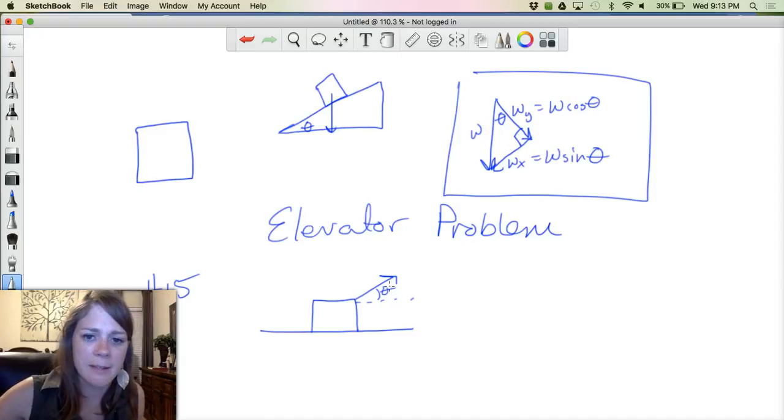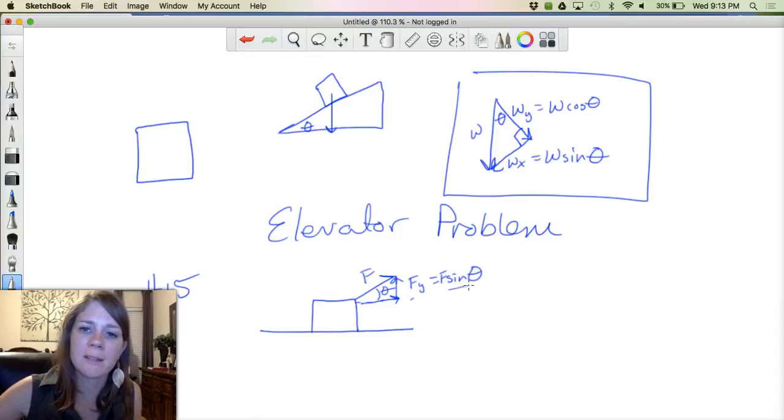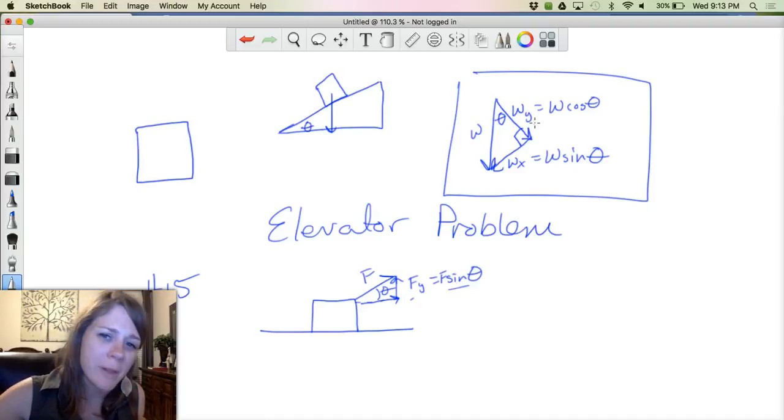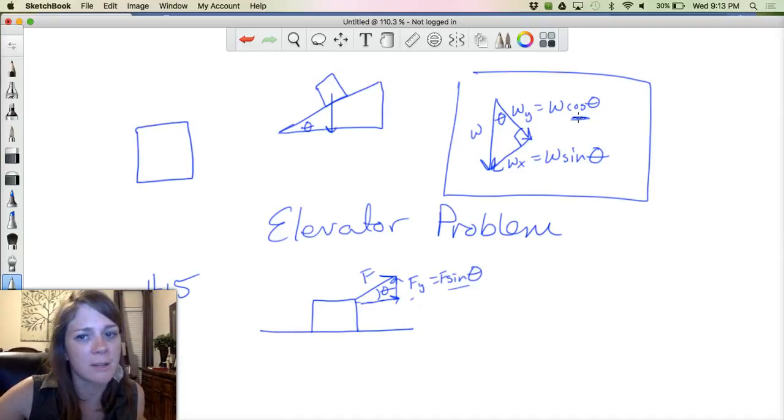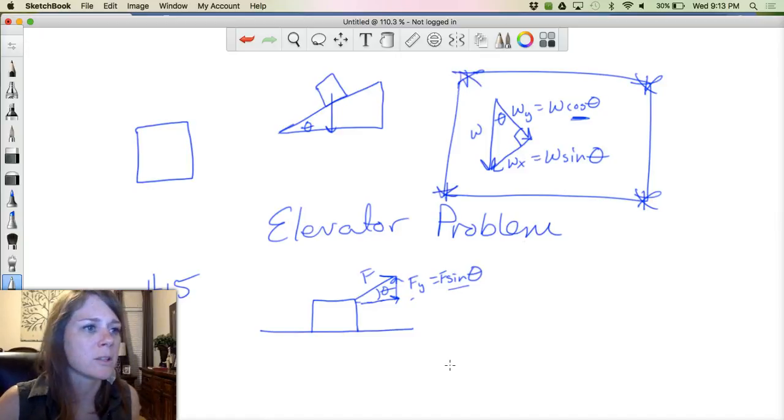And in this case, if this was F, then the y component of F would be equal to F sine theta. So in this case, the y component is sine, but in the inclined plane case, the y component is cosine. And this is really the only time that we see the y component being cosine of theta. So that's kind of an important thing to remember.